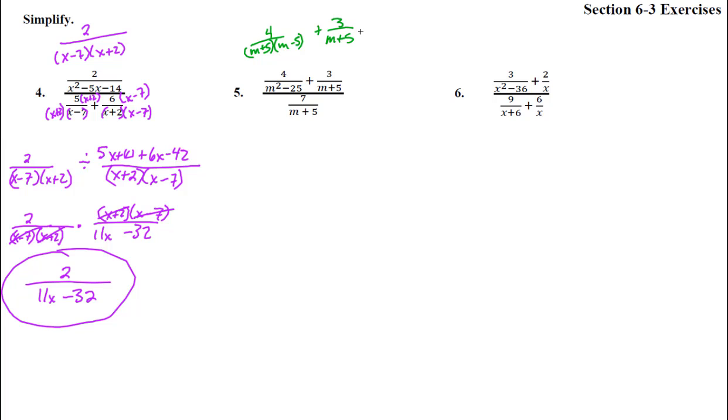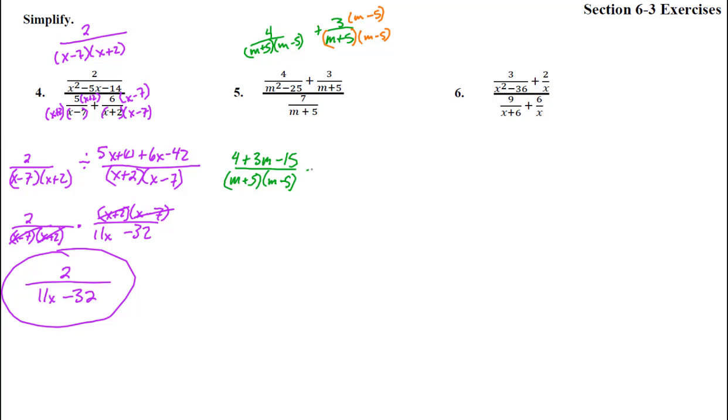Get common denominators by multiplying by an m minus 5 on the bottom and the top. So in order to add those two fractions together, we really have the top fraction is over m plus 5, m minus 5. We get 4 plus 3m, 4 plus 3m minus 15. Good, that's the top fraction.